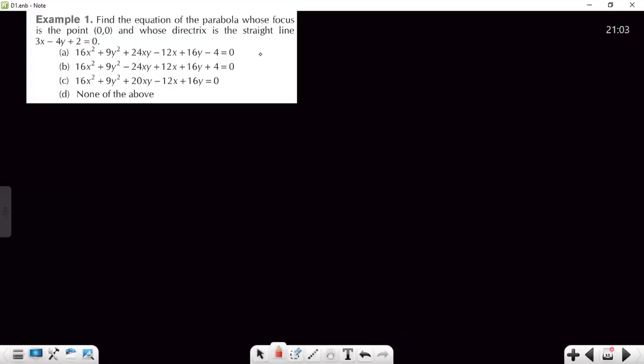First example. In this, we have to find the equation of the parabola whose focus is 0, 0 and whose directrix is the straight line 3x minus 4y plus 2 is equal to 0. Let's take the directrix as 3x minus 4y plus 2 is equal to 0.